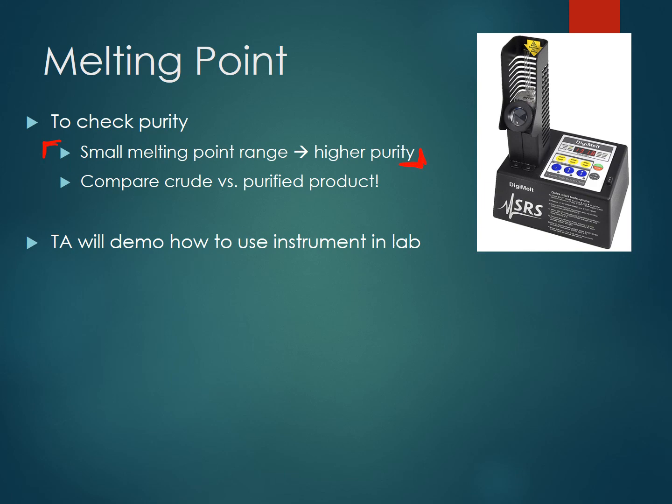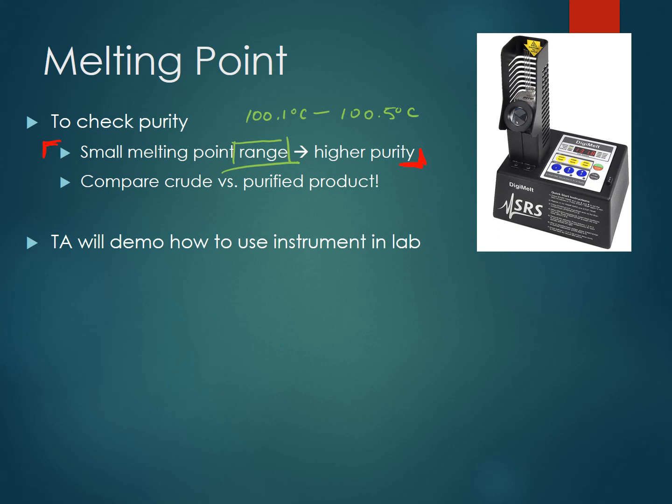And it is important to note that when you quote a melting point, it is a range. So it's something like 100.1 degrees Celsius to, let's say, 100.5 degrees Celsius. There aren't many melting points that happen at just a single temperature. So when you're recording your melting points, always make sure you put a range in there.